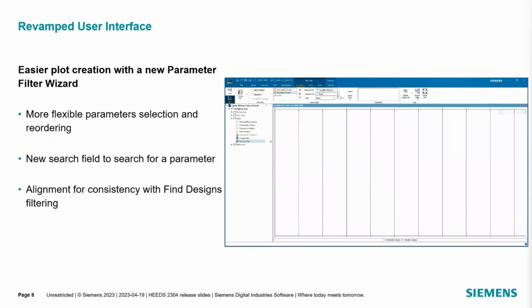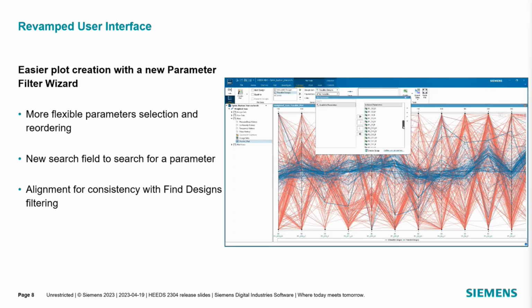One of the things that we've also made improvements to is the plot creation. There was a large number of enhancement requests related to this, given the previous difficulty in defining what parameters you want to show in plots, design tables, and things like that. So we've made this a little bit easier now.